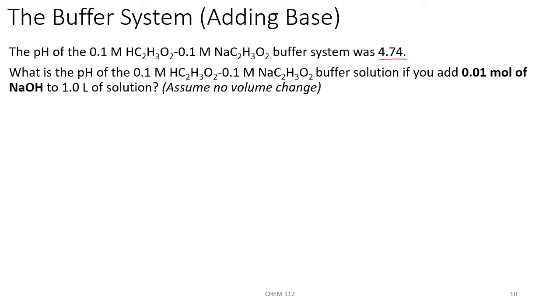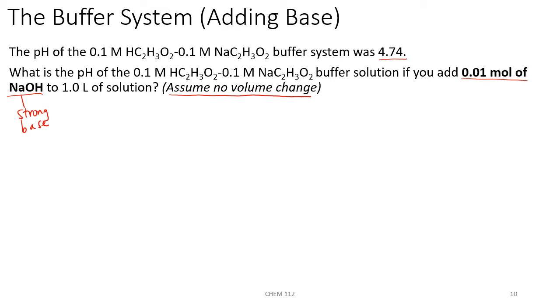Now we want to think about what's going to happen to the pH of that solution if we add in 0.01 moles of sodium hydroxide, which is essentially adding a strong base. And how would our buffer system react? We're also going to make the assumption that there's no volume change that's occurred when we add in that 0.01 moles of the sodium hydroxide.